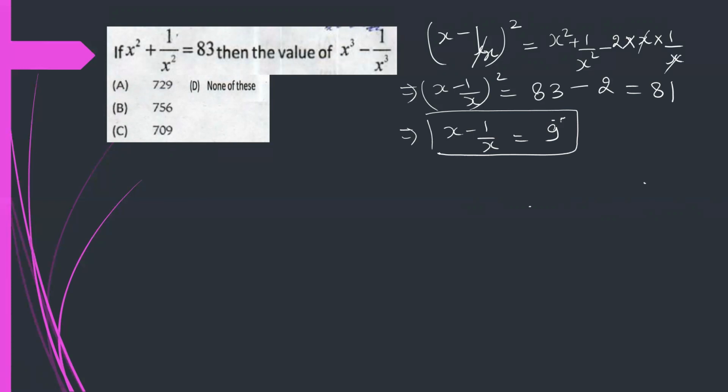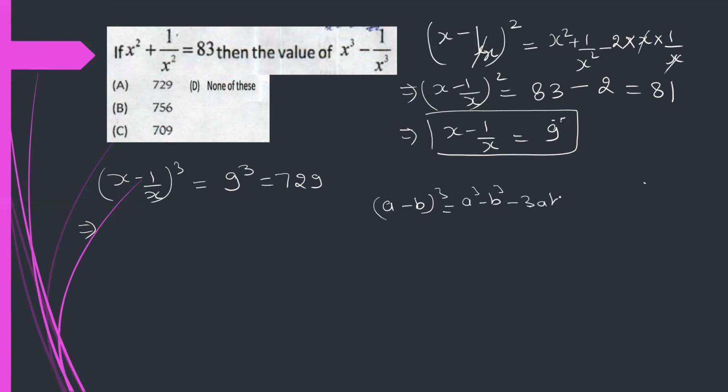Now, what is the value of x minus 1 over x whole cube? This is going to be 9 cube, which is equal to 729. Opening the bracket, we know that a minus b whole cube equals a cube minus b cube minus 3ab into a minus b.